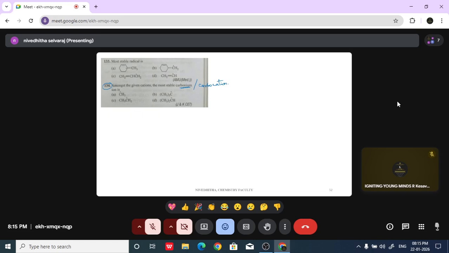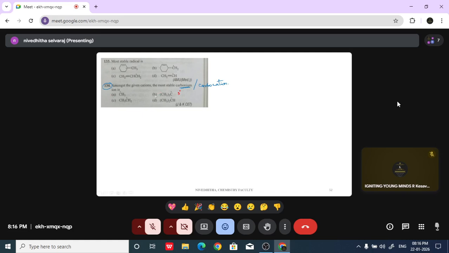First, we have to find whether it is primary, secondary, tertiary, or methyl. B is tertiary, ma'am. Yes, Kana, it is tertiary. How about the first option? You are right, Mushkan. The second option is tertiary.